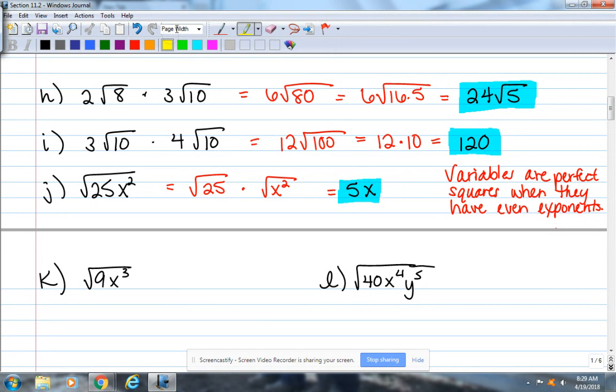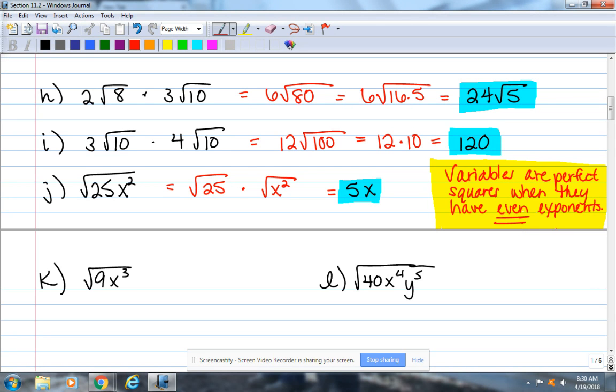Variables are perfect squares when they have even exponents. What are even numbers? Yeah, anything that ends in a 0, 2, 4, 6, 8, right?